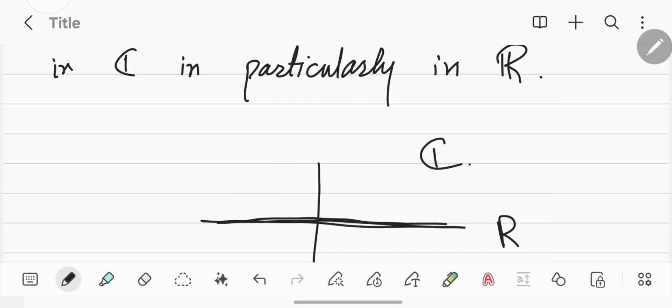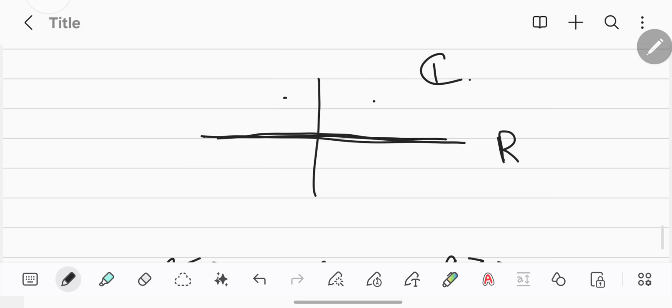That means numbers in the complex numbers can be anywhere. If they are here, not on this line, that means they are not real numbers.